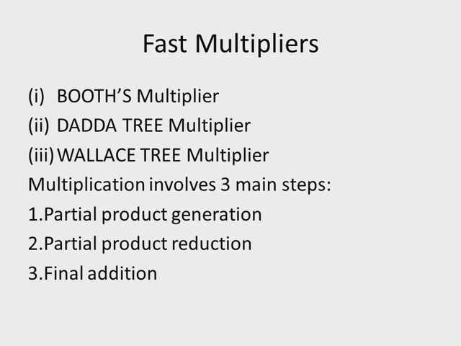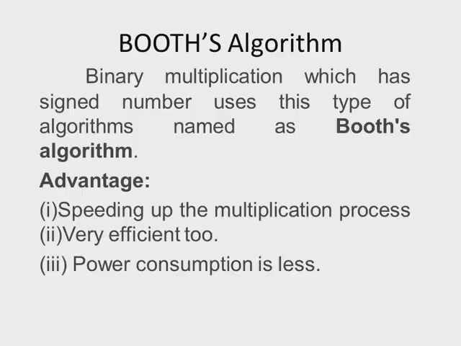Now, see some of the basic steps involved in the multiplication process. Three main steps are partial product generation, partial product reduction, and final addition. Booth's algorithm is used in binary multiplication, which has signed binary numbers.